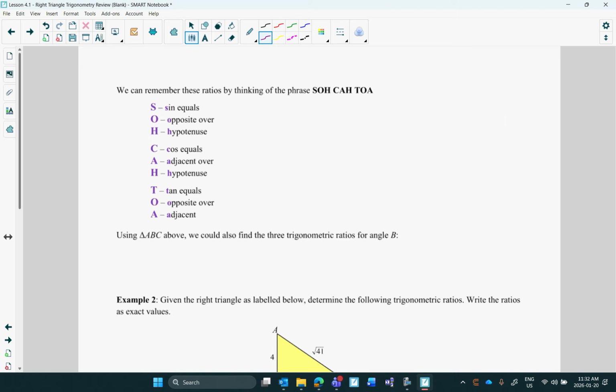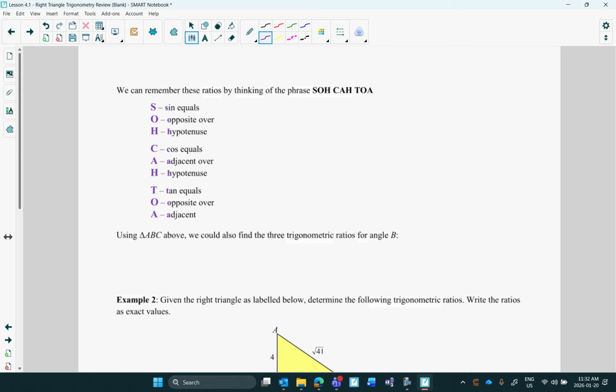And whether you remember those, again, SOHCAHTOA, and you can see why we use that. So SOH: sine equals opposite over hypotenuse. CAH: cosine is adjacent over hypotenuse. TOA: tan is opposite over adjacent. I'm not going to worry about finding the trig ratios for angle B. I think we're pretty good at this.